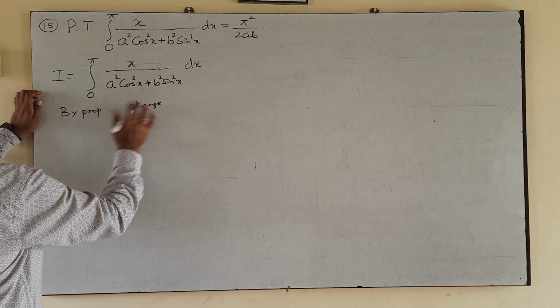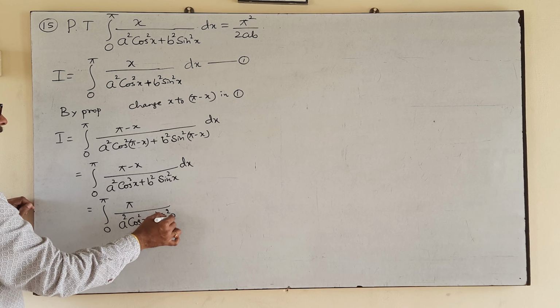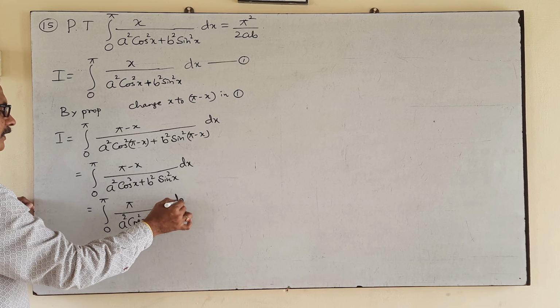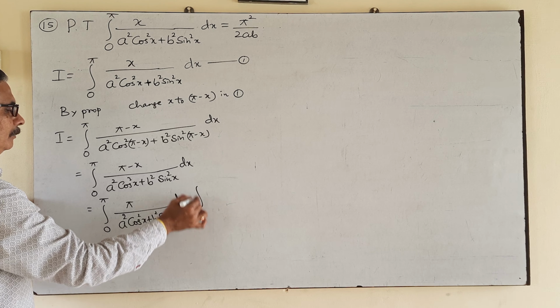That is integral from 0 to pi. Now divide term by term. Pi divided by a square cos square x plus b square sin square x with respect to x minus integral from 0 to pi x divided by a square cos square x plus b square sin square x with respect to x.